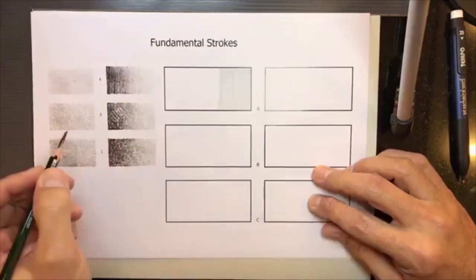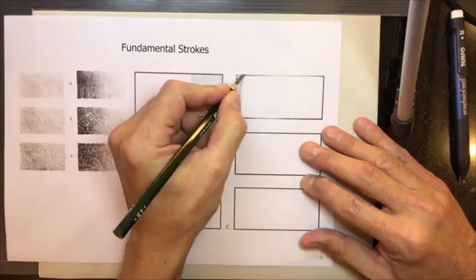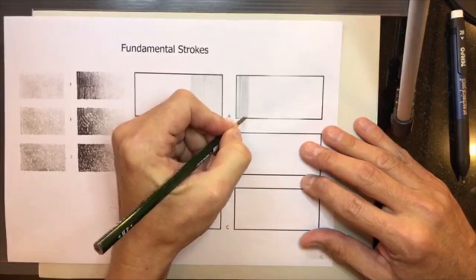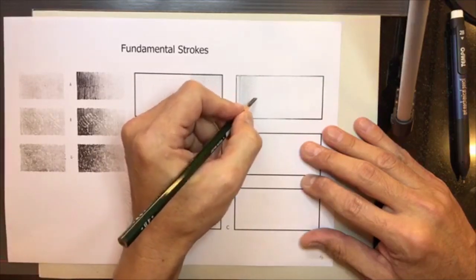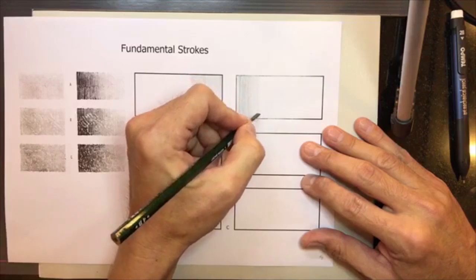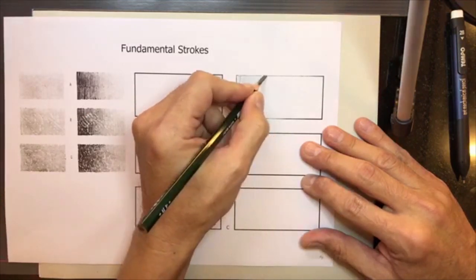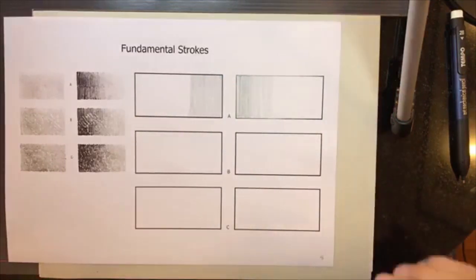Something like this. B is the gradient. Just a sample.